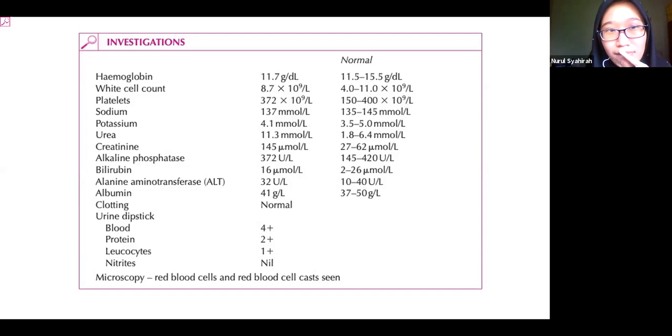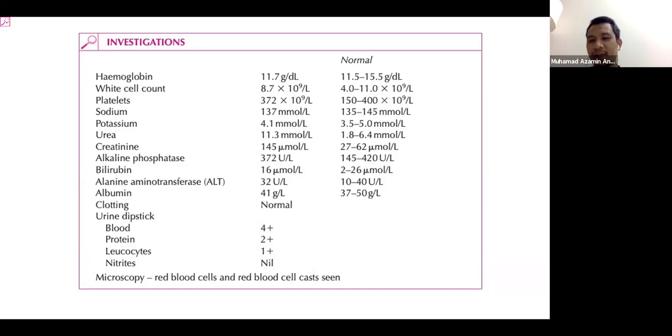And then cannot say UTI because no sign of raised white cell count. But there's leukocyte in the urine dipstick. So is it not UTI? Possible UTI. Possible UTI. Okay, okay.